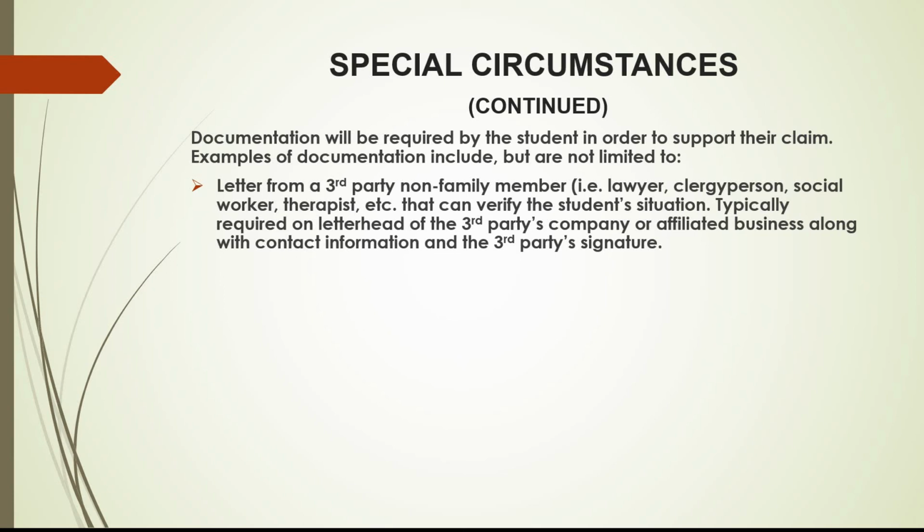Anybody that can attest to and verify the circumstances that you're outlining in the personal letter that you're going to write to the college, explaining why you cannot provide your parents' information. Typically these letters have to be written on letterhead from either the business or the agency, or if it's a therapist, from their own letterhead. It's also got to be signed by that third-party member and provided with contact information so the school may follow up if they need to.